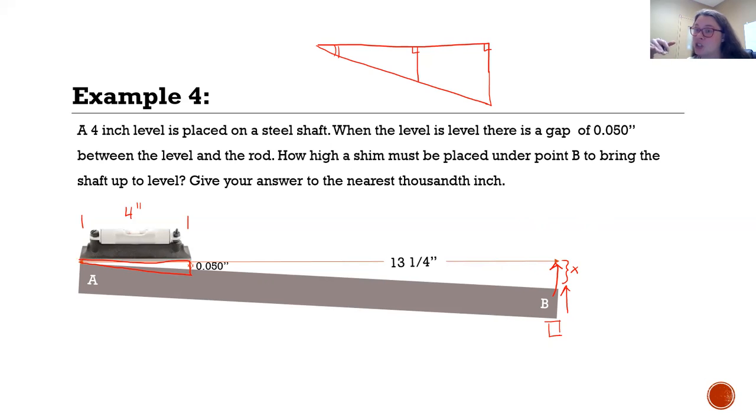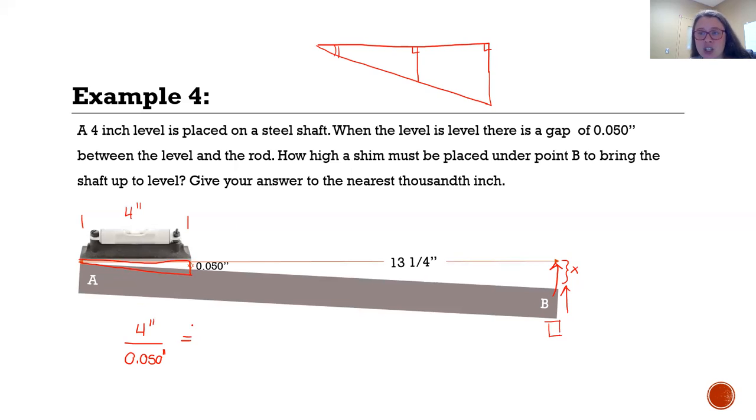Okay, we want to know how much difference there is. This is not too complicated to do. We could do it leveling a deck, leveling a shaft. This is kind of more machinist oriented. So we know that for 4 inches of run, there's a drop of 0.050 inches or 50/1000ths of an inch.